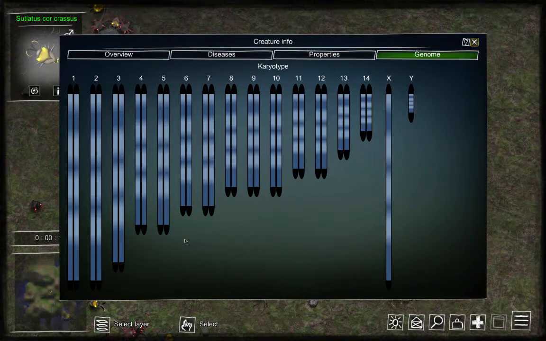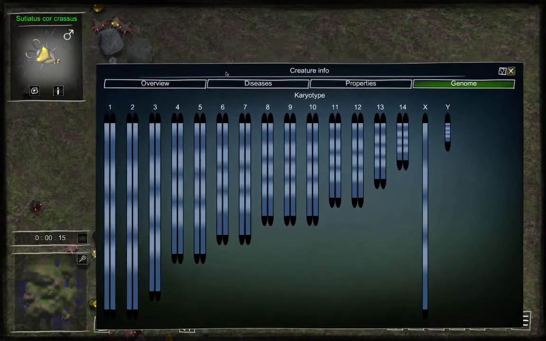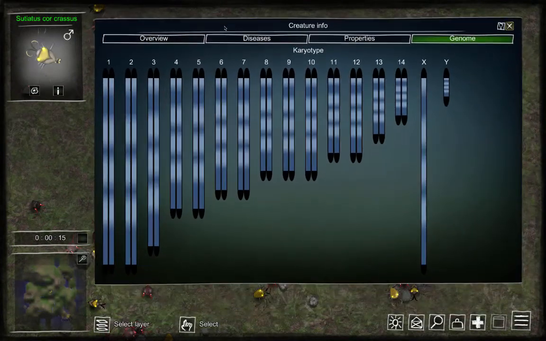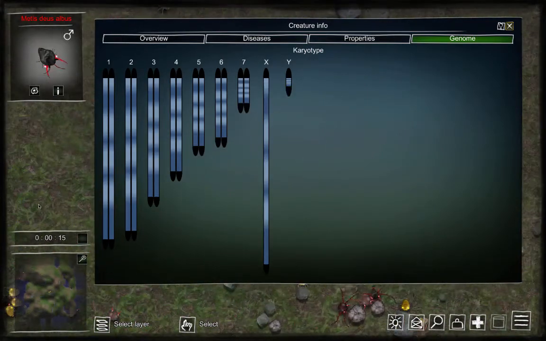And this means that we can have an infinite amount of different creatures and different species. I will explain this a little bit better at the DNA level. If I choose the other species, we can see that the karyotype is completely different in this case.